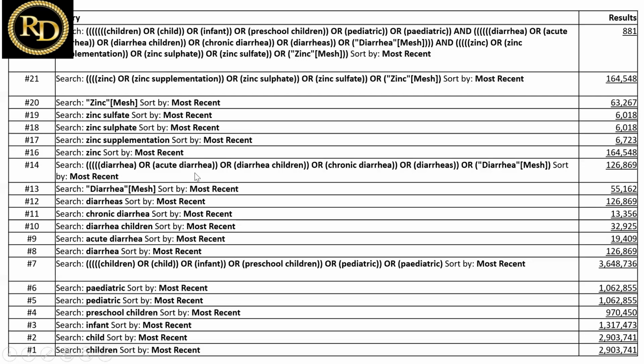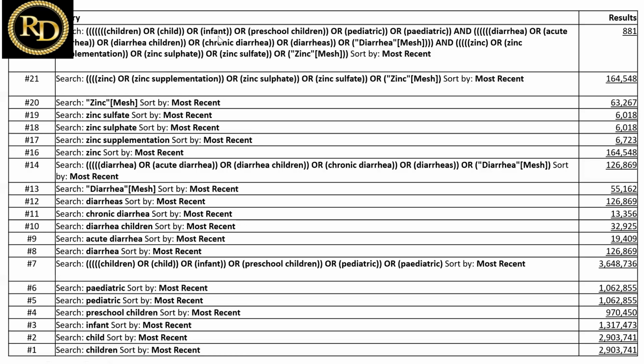Now I am coming to the 3rd concept, that is the intervention. For the intervention also I have used the medical subject headings as well as all the synonyms, and combined them with OR, and finally I combined search number 1, number 7, then search number 14 and search number 21.